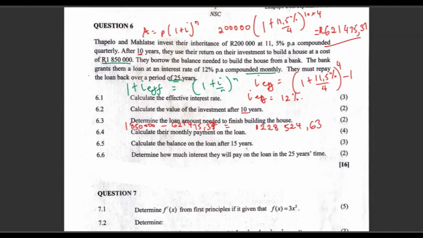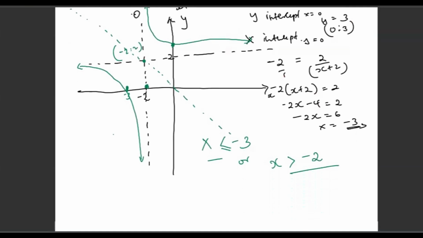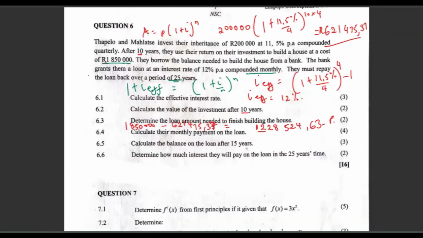Then calculate the monthly payment. If this is the loan amount, that's the present value. We have all the other details. This is question 6.4.